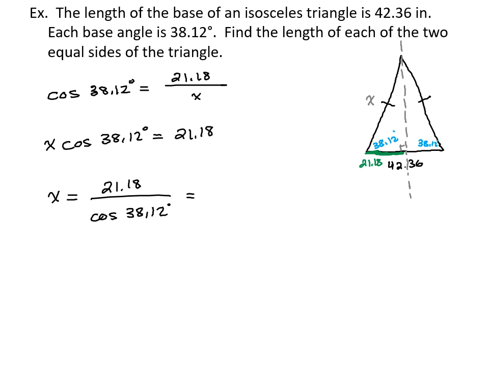Go back to our calculator, type that in, and we'll get each side should have been about 26.92. Since it's isosceles, the two sides have to be the same, and so they're both 26.92.